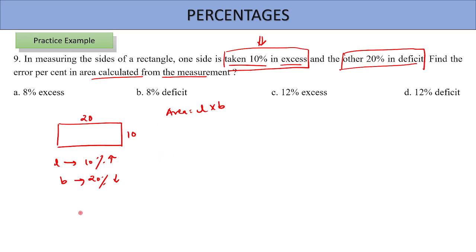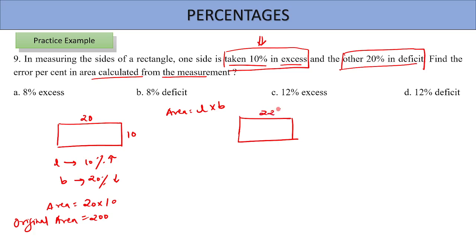So my original rectangle area will be 20 into 10 is 200. This is my original area. And my new rectangle will be, I have increased my length by 10 percentage, that means it will be 22.